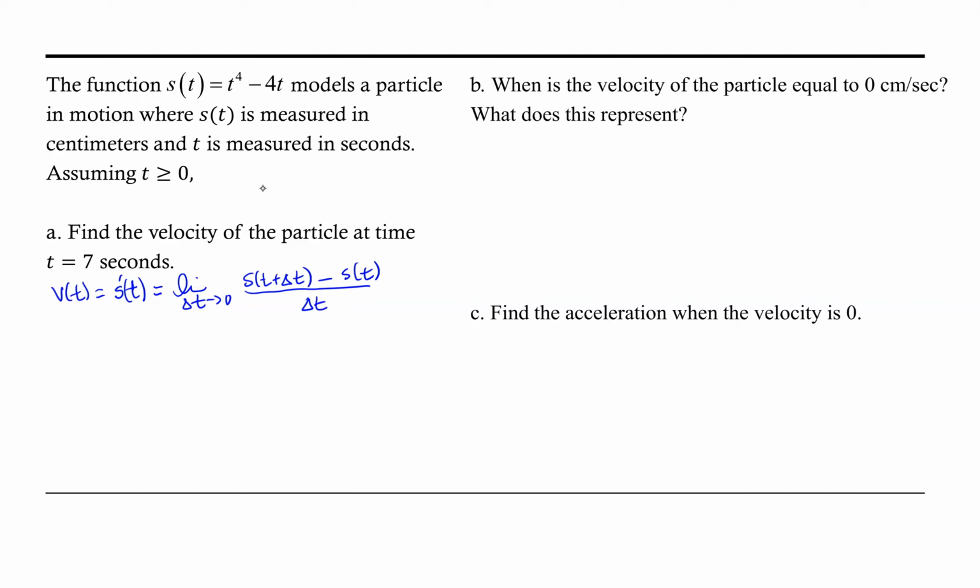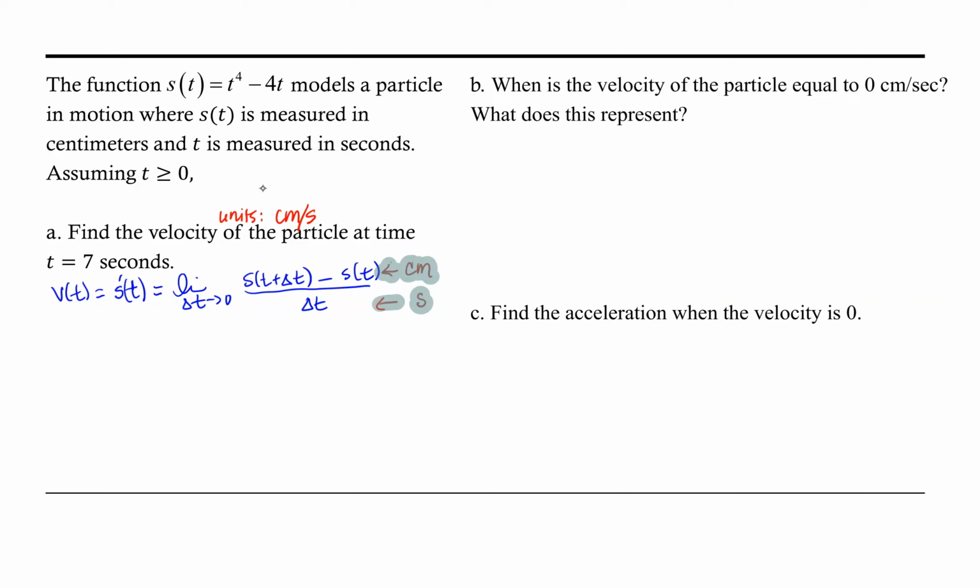And recall that the units for s in the numerator are centimeters, and the units for t in the denominator are seconds, so the units for our velocity here should be centimeters per second. And we can make sense of that by looking at the limit definition here.